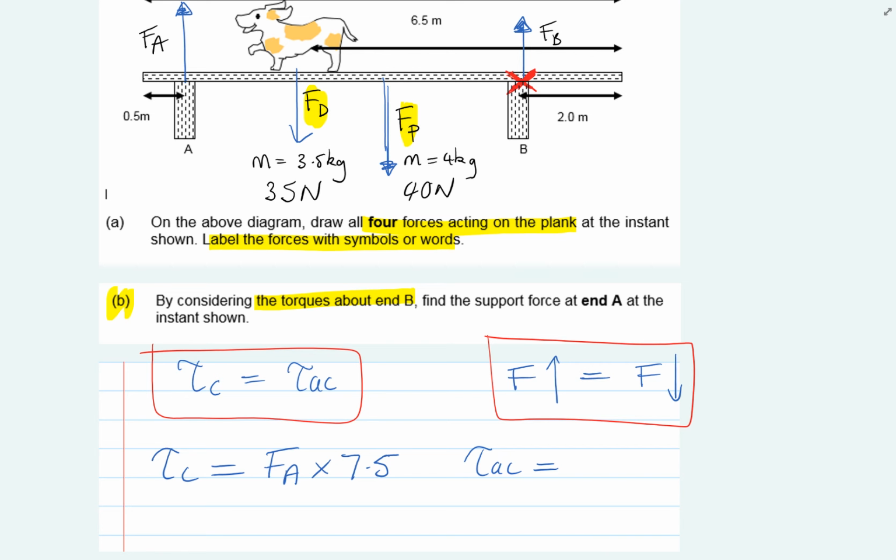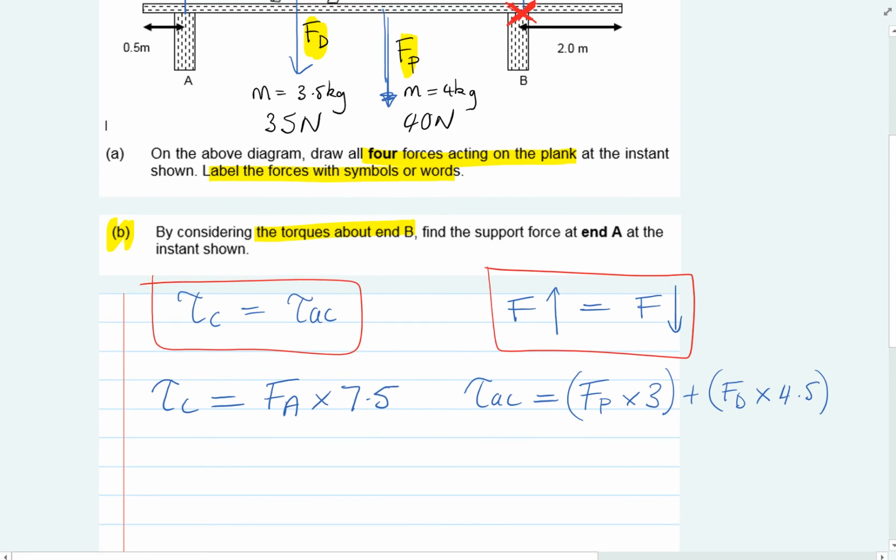We're going to have the force FP acting over a distance of, looking at that, that's actually 3 meters away from the support if we put the center of mass in the middle of the plank, and we want to add that to the dog, and the dog distance is 4.5 meters away from the red cross, the pivot point.